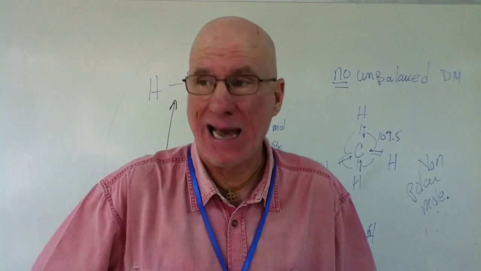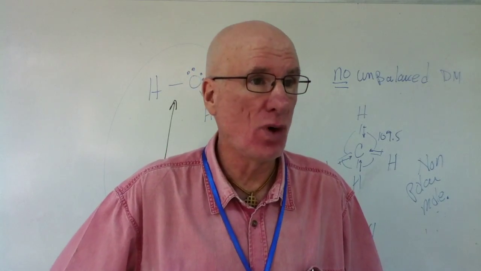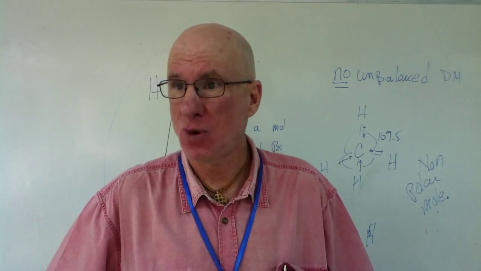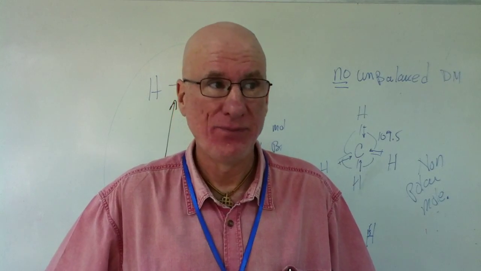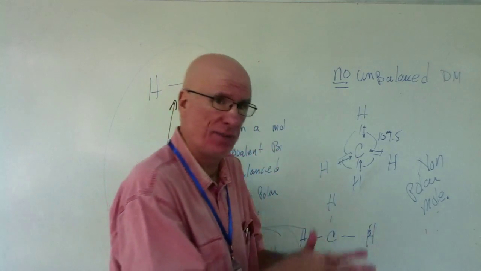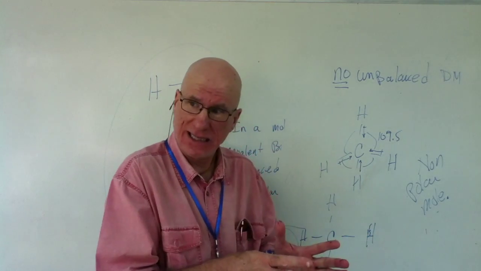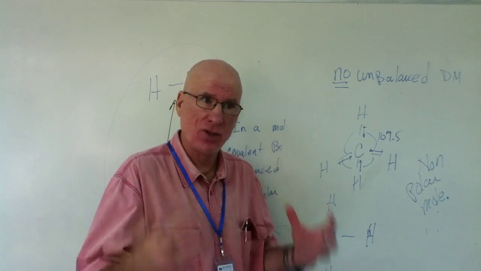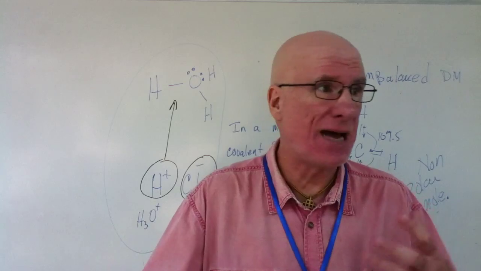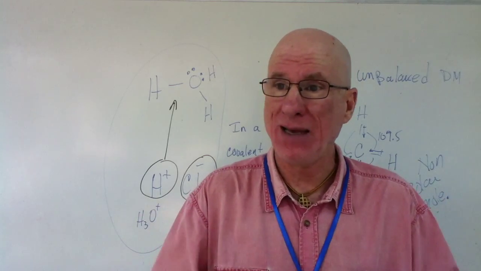I've got to do some work with hybridization. It'll make things make more sense. But those are the underpinnings. That's the connection between periodicity and bonding. And it all has to do with differences in electronegativity creating these dipoles and whether or not they're balanced.